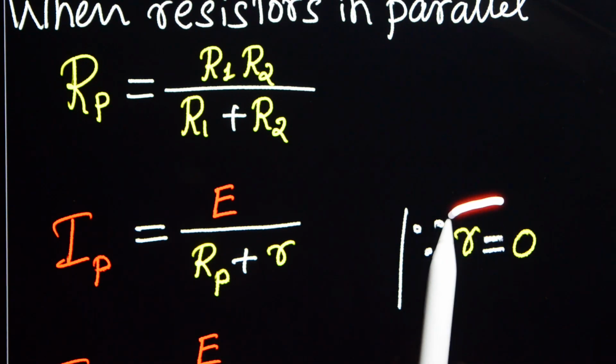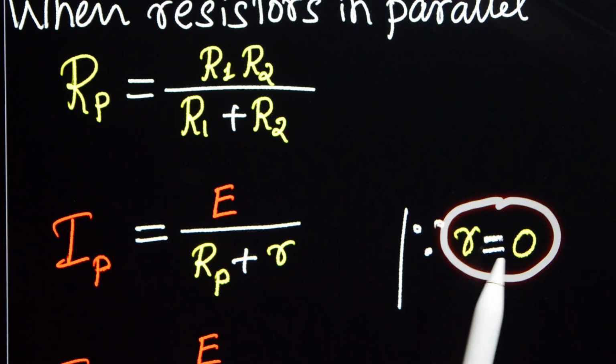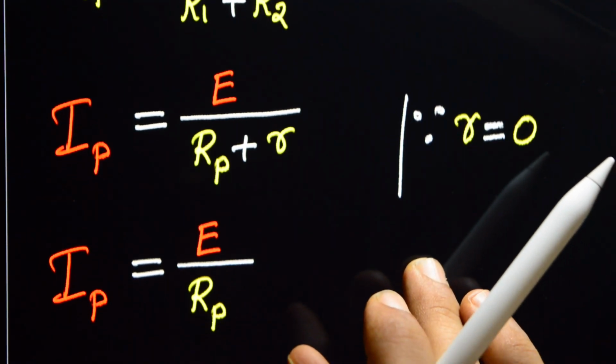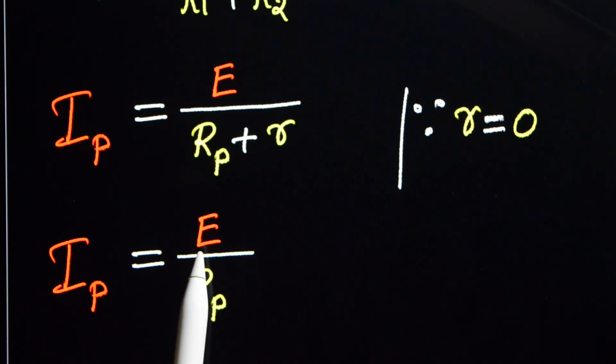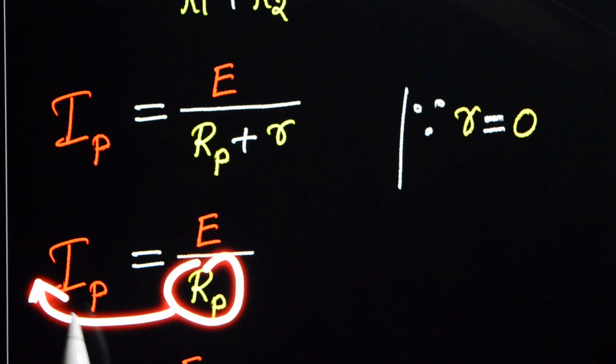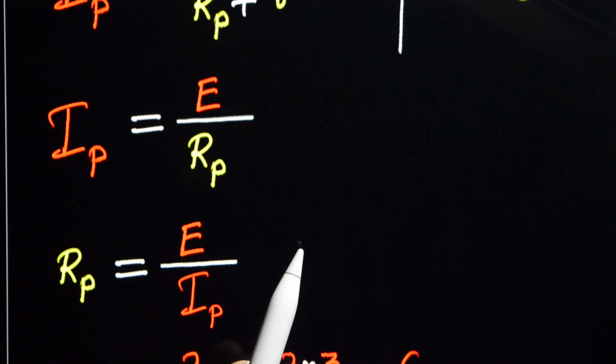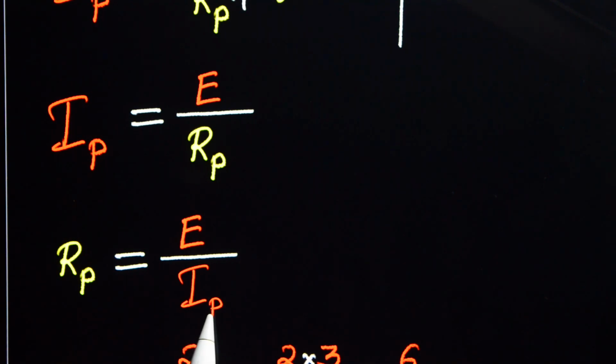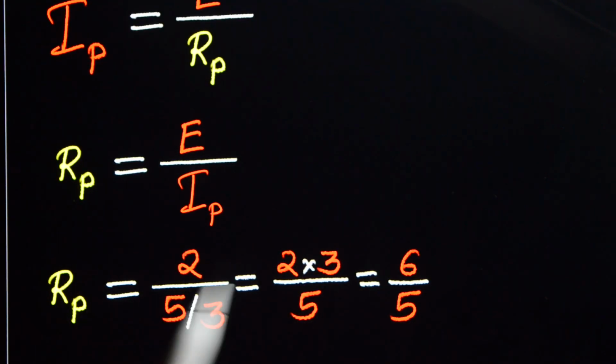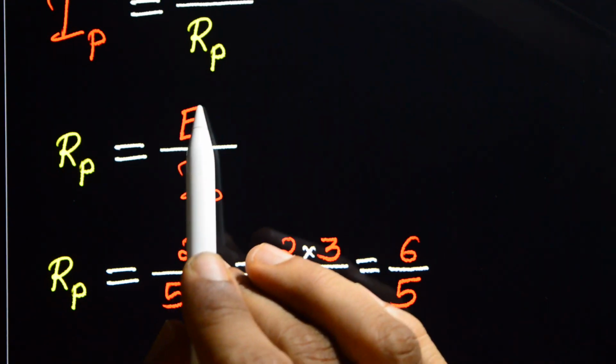Now small r is 0, as the internal resistance of the cell is negligible, so we can write Ip is equal to E divided by Rp. Taking Rp to the left side, Rp is equal to E divided by I subscript P. What is E?